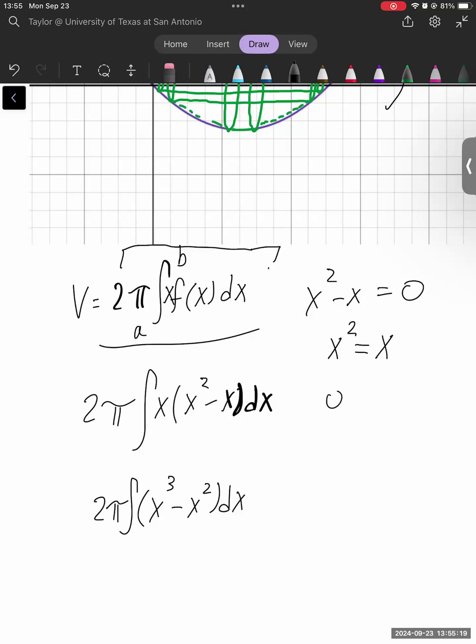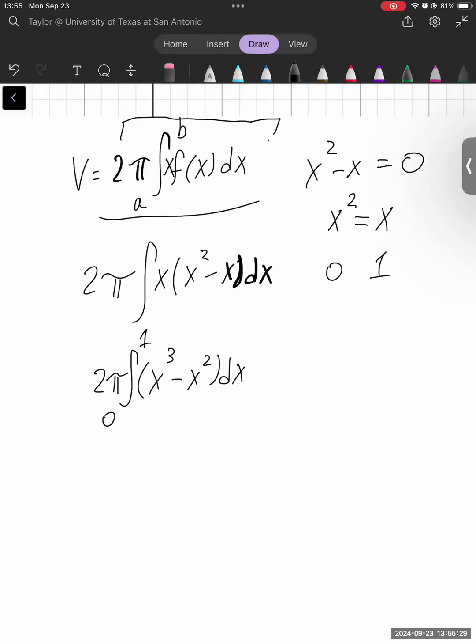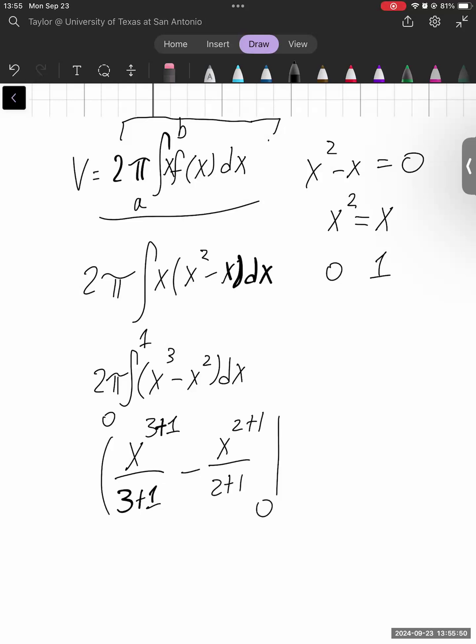Very nice. I get 0 and 1. All right. So then what is the next step here? What do we need to do? Integrate it. Very nice. So this term becomes x to the 3 plus 1 over 3 plus 1 minus x to the 2 plus 1 over 2 plus 1, and the bounds from 0 to 1 times 2 pi.